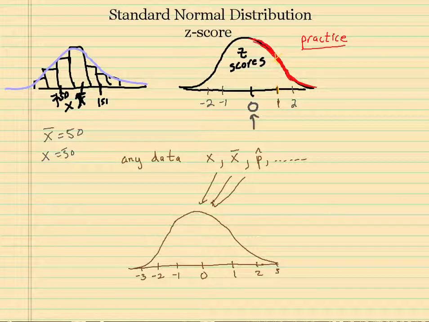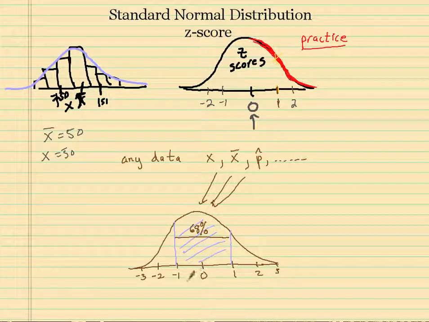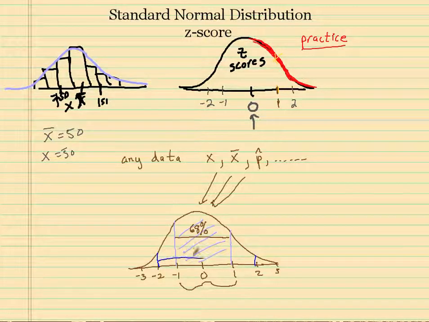And by the empirical rule, which we learned earlier, remember, the area under this curve is going to be 1, so 68% of the data will fall from here to here. 68% will fall within 1 standard deviation, either this way or this way. And 95% will fall within 2 standard deviations, from here to here.